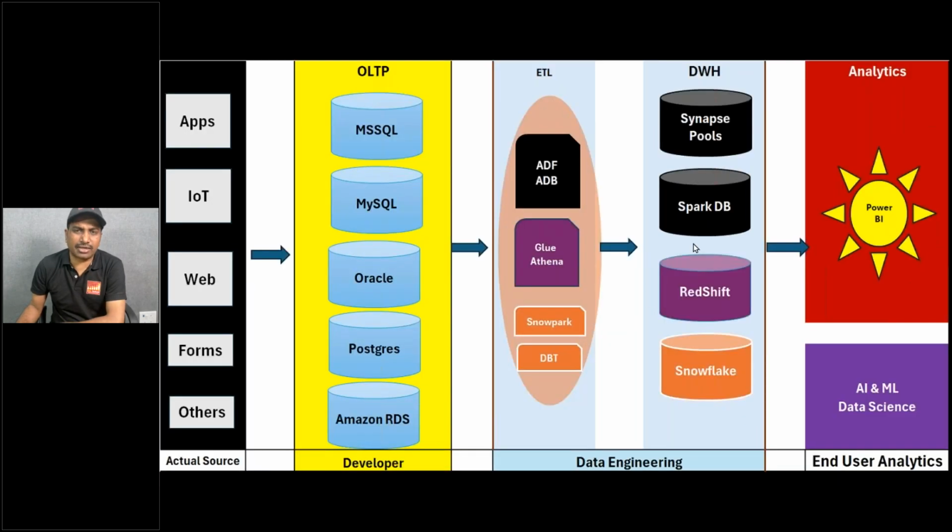Once again, to make it clear, data warehouses like Synapse, Spark databases, Amazon Redshift, and on my screen Snowflake, they do not support relations. Then how to balance things? You got my point now. How to balance it? At the same time, one more important activity.